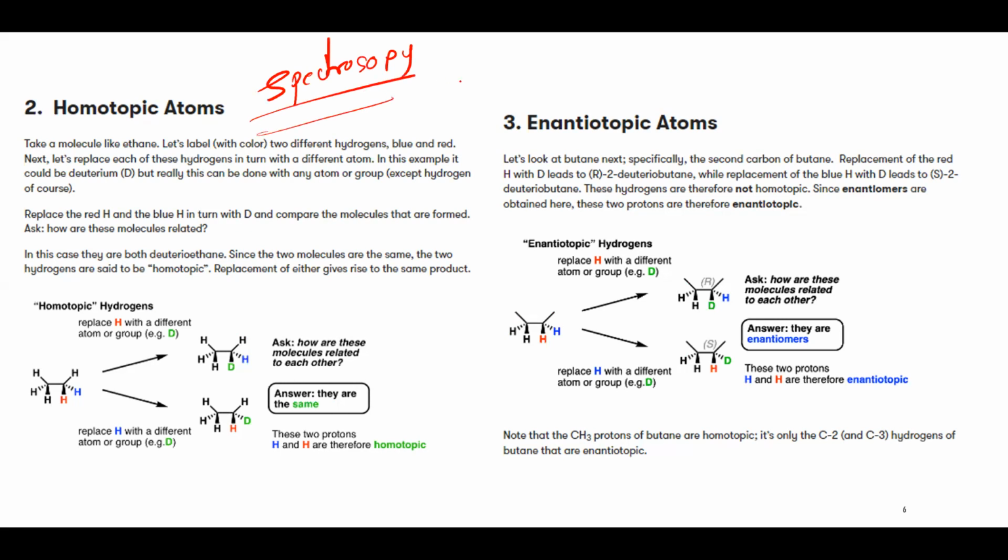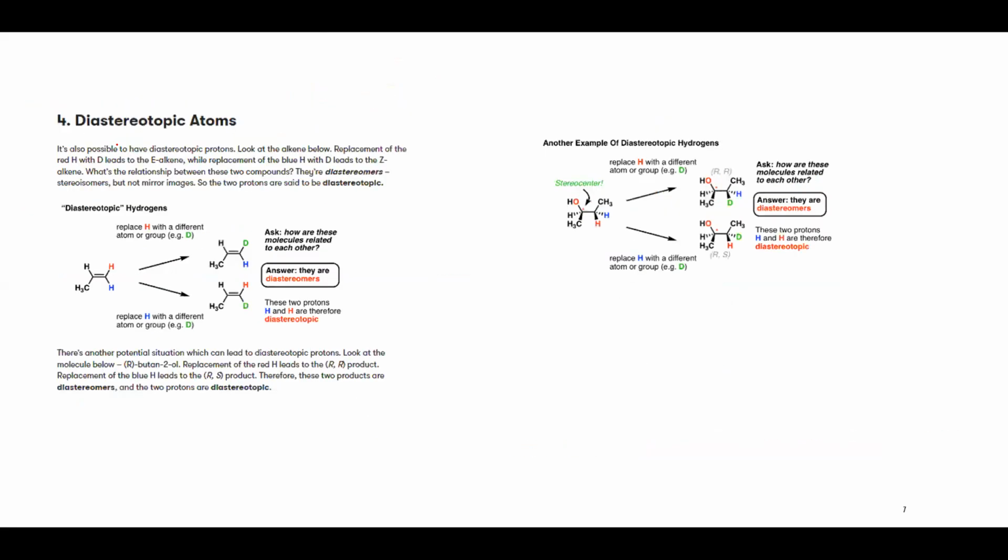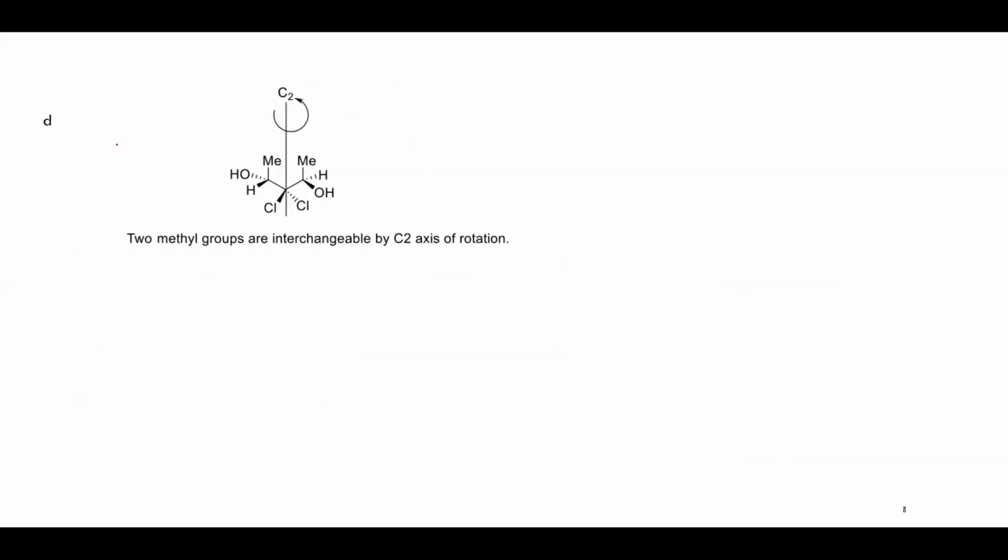If someone here is from a master's program, they will probably know the importance of homotopic, enantiotopic and diastereotopic protons. Homotopic protons give the same signal, but enantiotopic protons give different signals in the proton NMR spectrum, and diastereotopic protons also give different signals. So you can have a look at this.